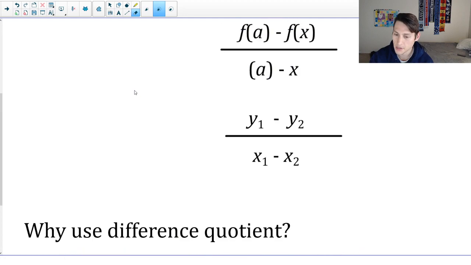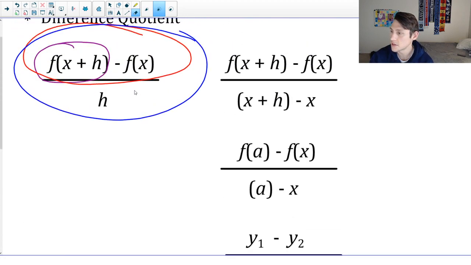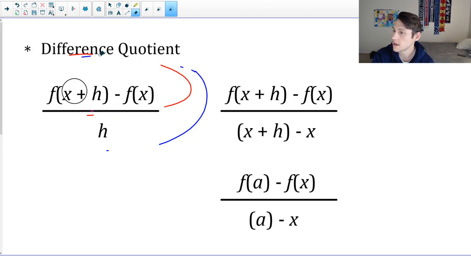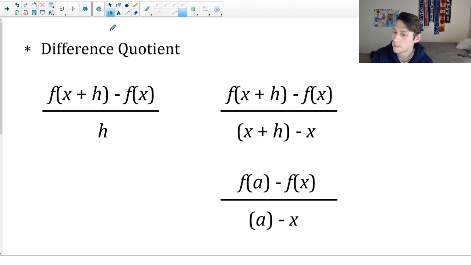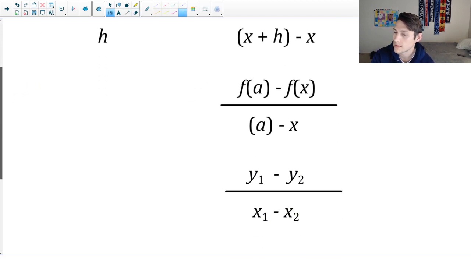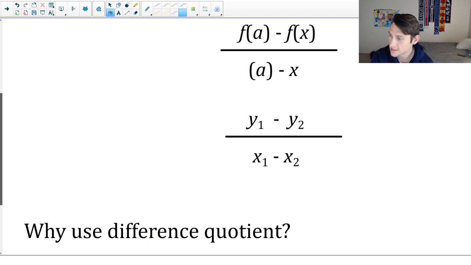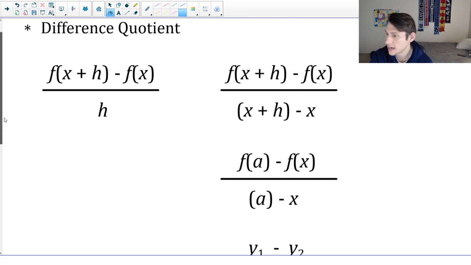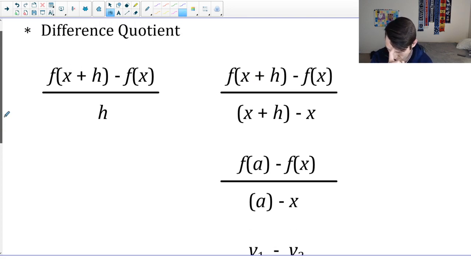I copied over a lot of the same slides, because I know that you remember what difference quotient is. It is this thing here that I circled a lot of times. I copied the lesson to illustrate that we're using difference quotient now. I told you we would use difference quotient for actual calculus, and here we are.